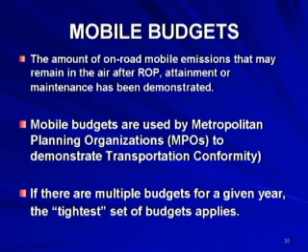These mobile budgets are used by metropolitan planning organizations to demonstrate transportation conformity. You are going to get a presentation from someone from our Office of Transportation and Air Quality from Ann Arbor, who's going to talk to you a great deal more about transportation conformity. But basically, transportation conformity is the new source review program for mobile sources and mobile projects.